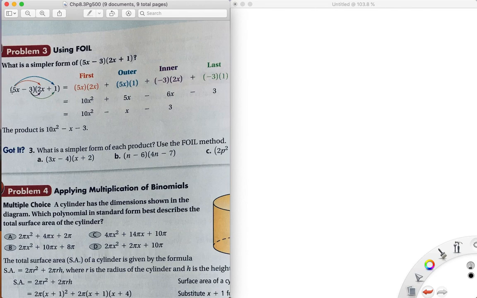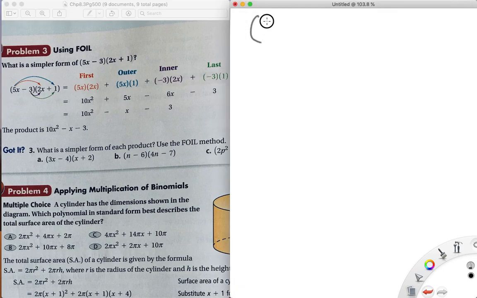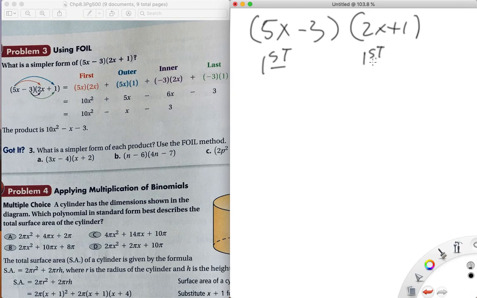The first means, I'm just going to write it out, 5x minus 3 times 2x plus 1. So the first just means that, so let's call this the first term and the second term. We can also call this the first term and the second term. So since this is the first term of this guy, and this is the first term of this guy, I can multiply them.